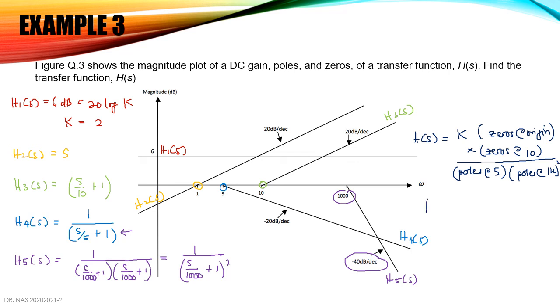So therefore your H(s) equals, your K just now is 2, and then you have zeros at origin s, and zeros at 10, so s divided by 10 plus 1, divided by poles at 5, so s over 5 plus 1, and you have poles at 1000, (s over 1000 plus 1) squared.